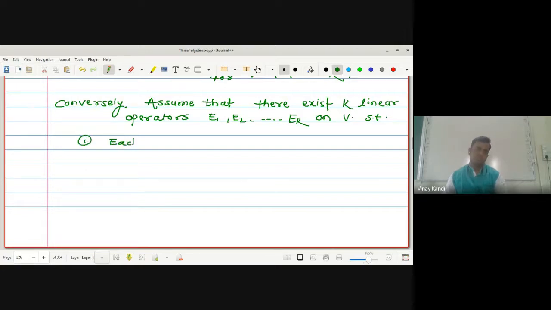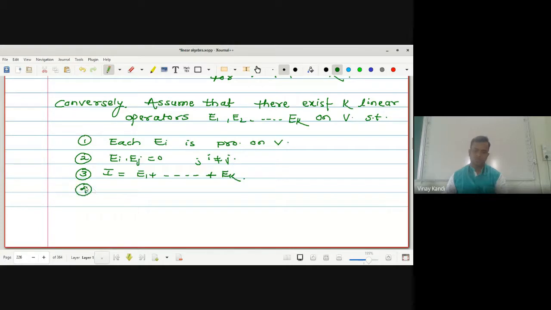Each Ei is a projection on V. Second, Ei into Ej is equal to 0 where i is not equal to j. Third, I is equal to E1 plus E2 plus up to Ek.